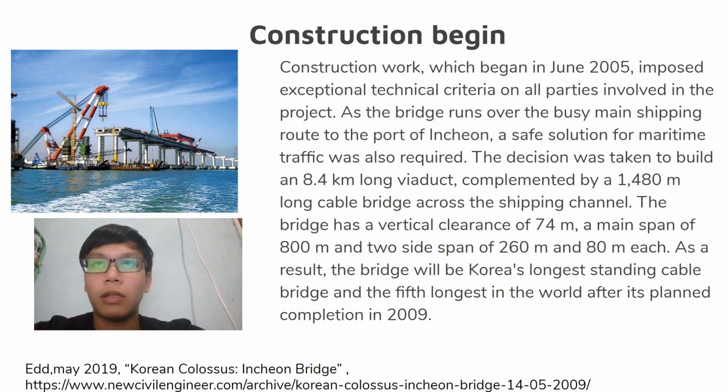The bridge has a vertical clearance of 74 meters, a main span of 800 meters, and two side spans of 260 meters and 80 meters each. As a result, the bridge will be Korea's longest cable-stayed bridge and the fifth longest in the world after its planned completion in 2009.